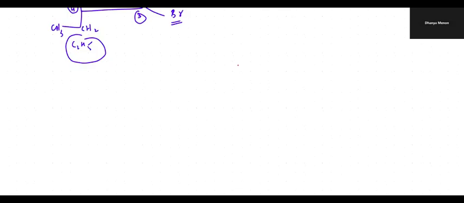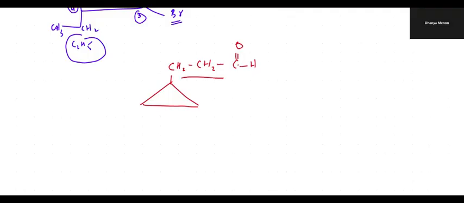Aldehyde, one more example. If I have this example, CH2, CH2, C double bond O. Now, is the CHO directly connected to the ring? No. So this will be our main chain, root word 1, 2, 3. So here we go as normal. 3 cyclo, this is our substituent.